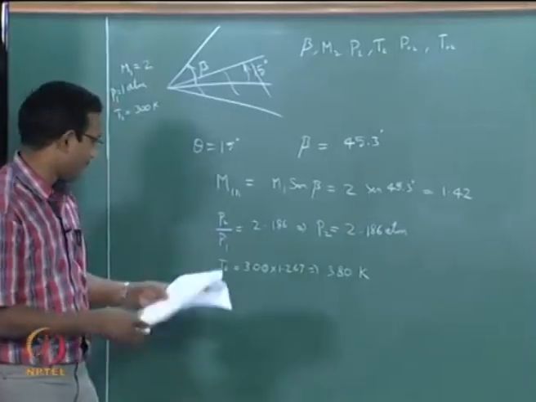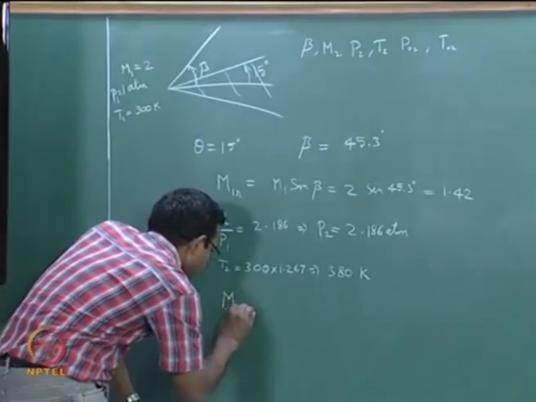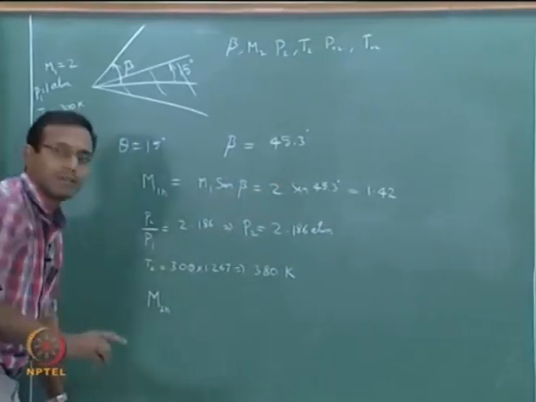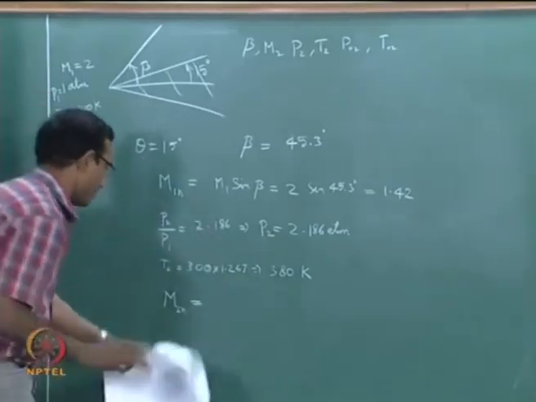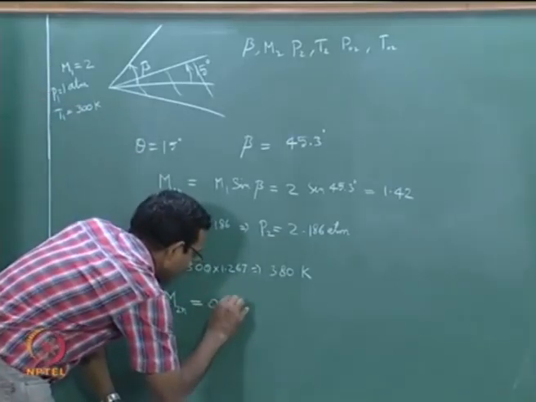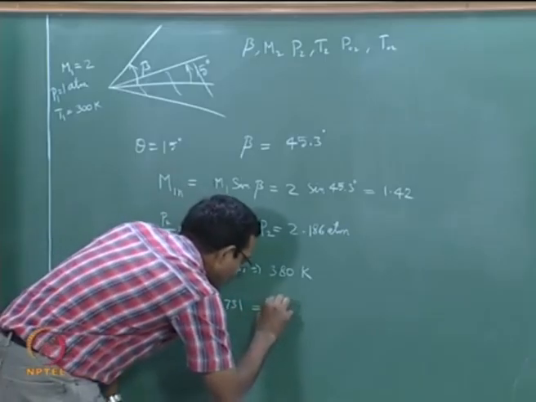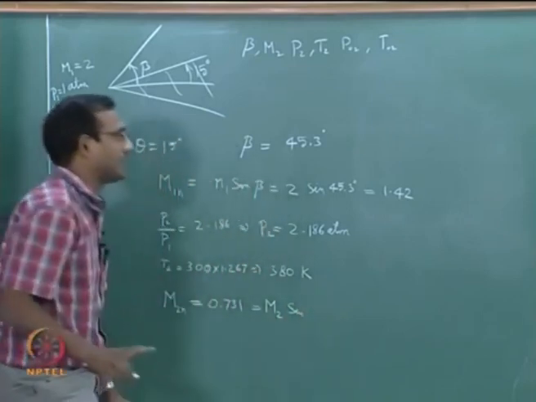Now I will find Mach 2, M2. M2 in normal shock tables will be called M2 normal in my oblique shock. M2 normal happens to be 0.731, which is equal to M2 times sin of (beta minus theta).